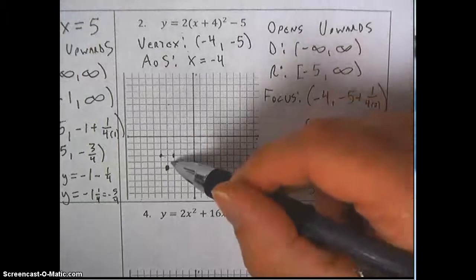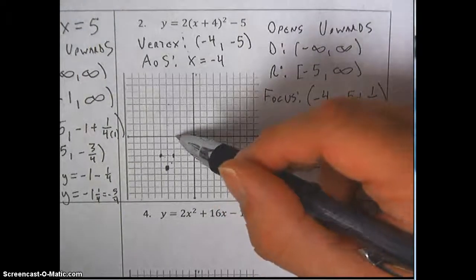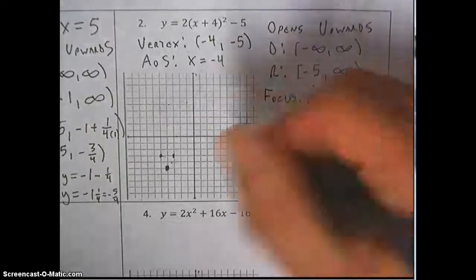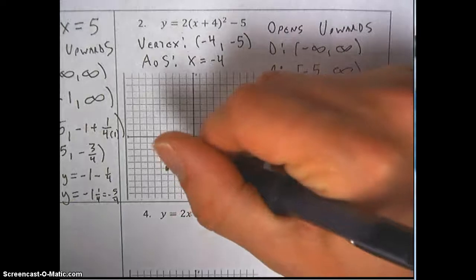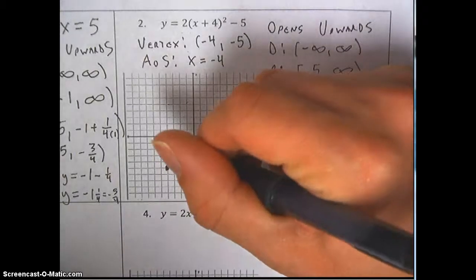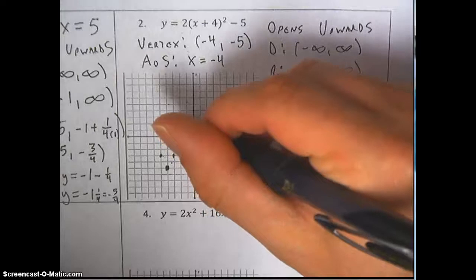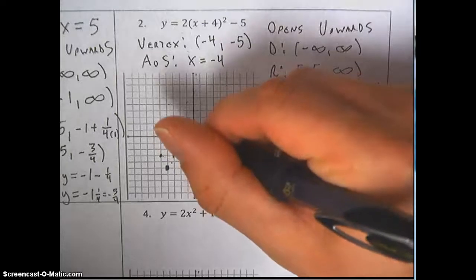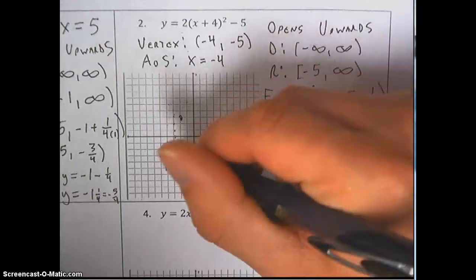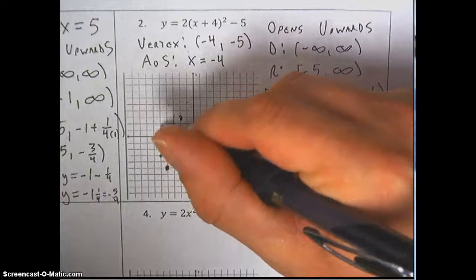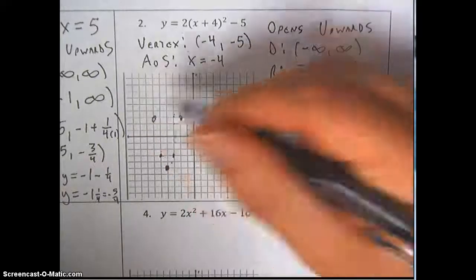So it's going to be 2, 6, 10, and so on. So I went up 2, I'm going to go up 6 over 1.